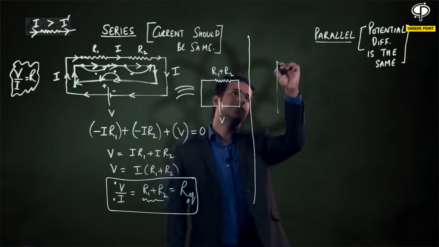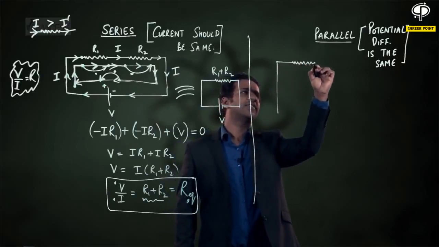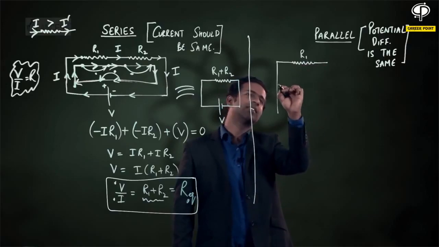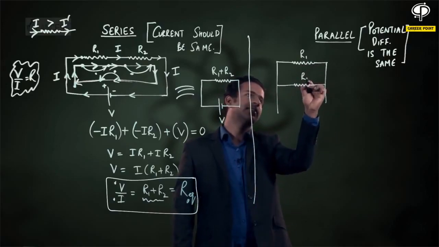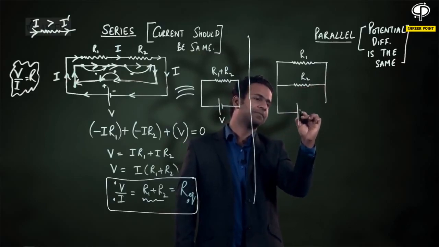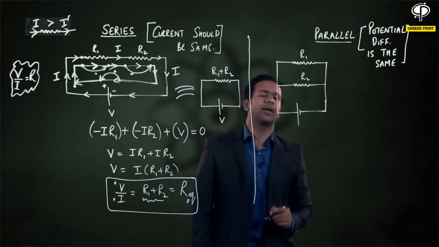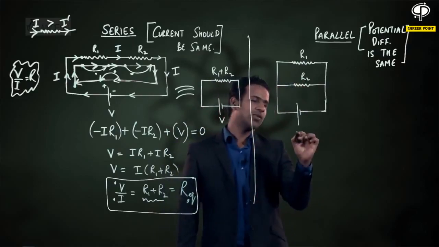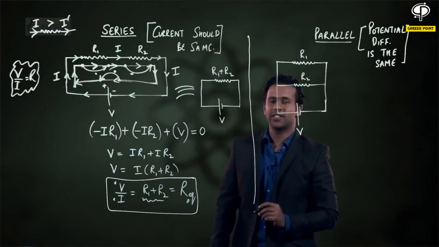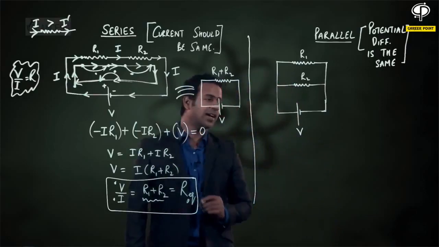Let me draw one. So if we have R1 like this and R2 like this, then if you think about it, both of them have the same potential difference, which is equal to the potential difference of the battery. How is that?